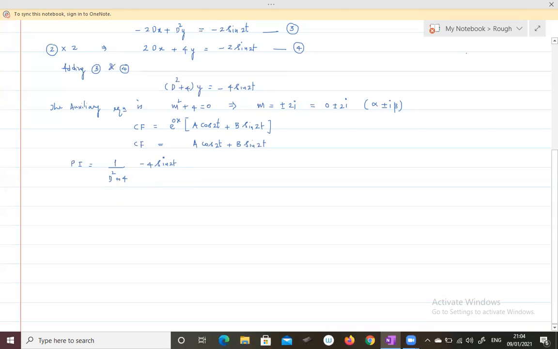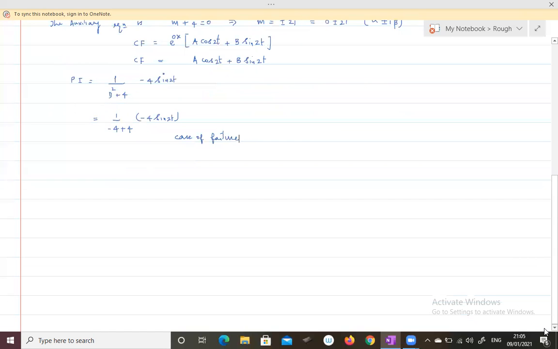If you put D square equal to minus 4, you get 0 in the denominator, which is the case of failure. Therefore, we have to adopt some other idea.